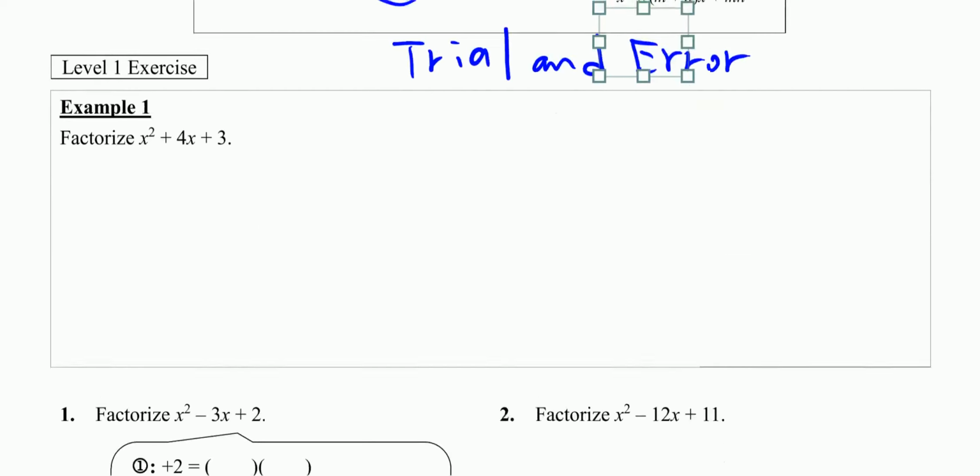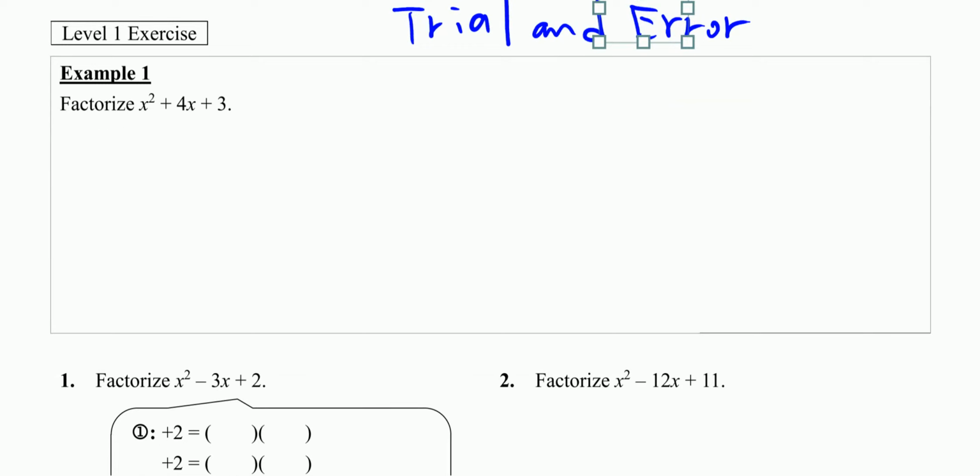So let's move on to example 1, and later on I will do several examples to explain more about what the cross method is. For example 1, we know for positive 3 we have two choices, two combinations.